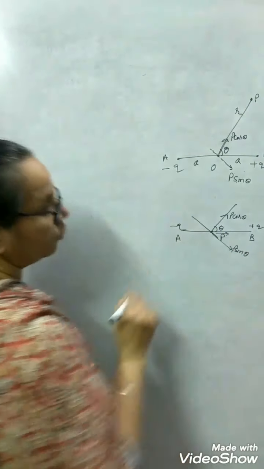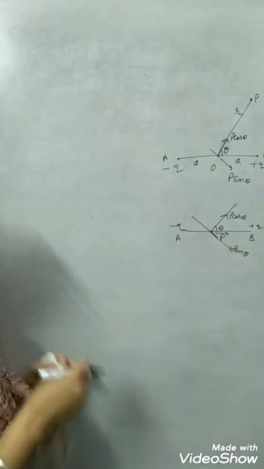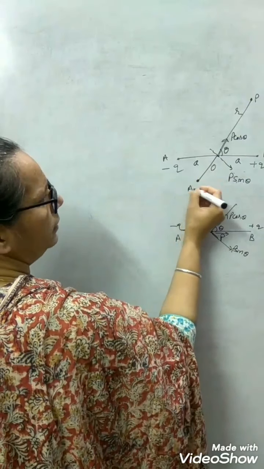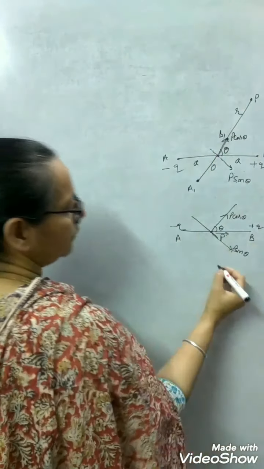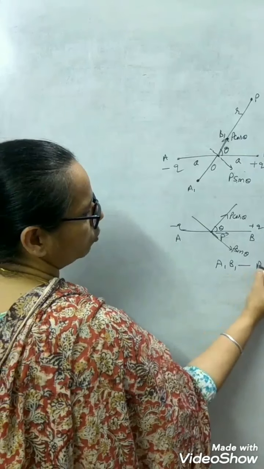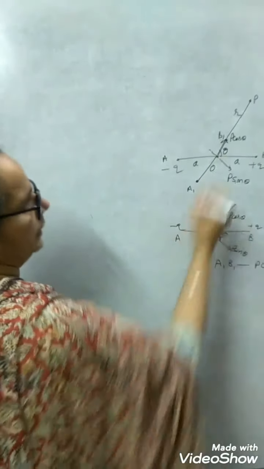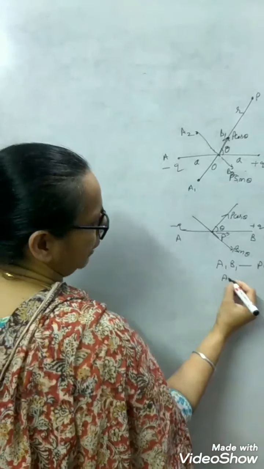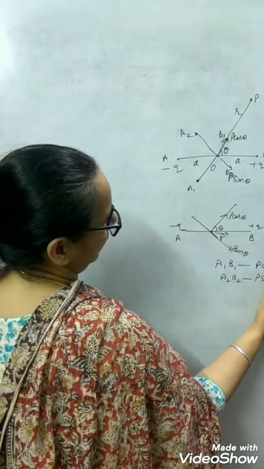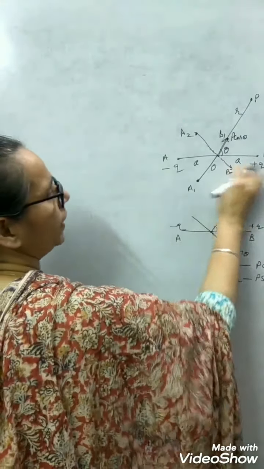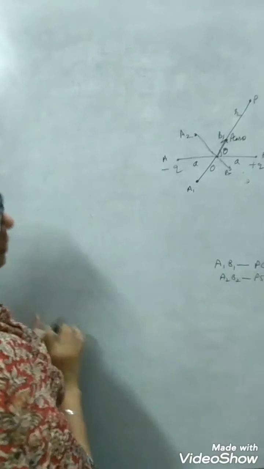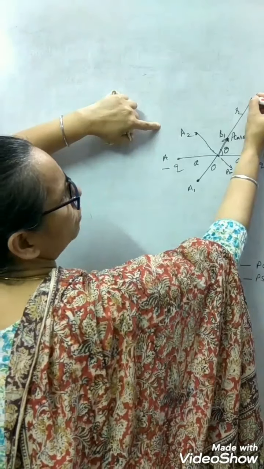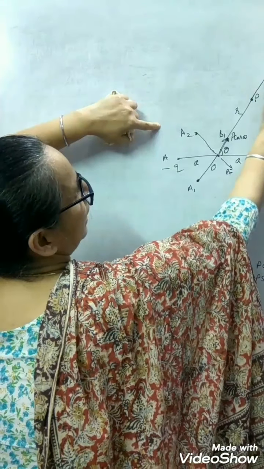So we consider that this dipole is resolved into two parts: one A1B1 whose dipole moment is P cos theta, and the second A2B2 whose dipole moment is P sin theta. So now we consider two dipoles. For A1B1 the observation point is on the axial line, giving E1 vector.